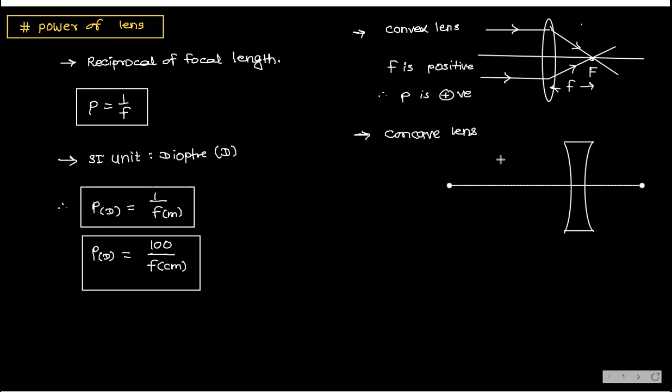When we are incidenting parallel light rays, they appear to meet somewhere here, and this is not an actual meeting. It just appears so, that's why I'm denoting it with a dotted line.